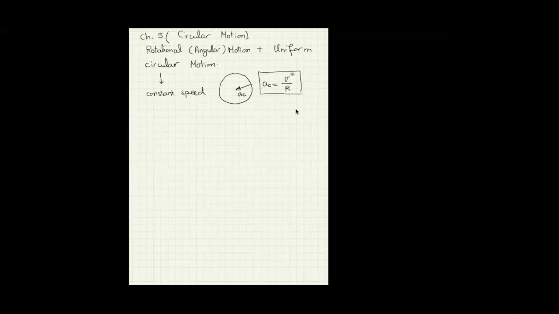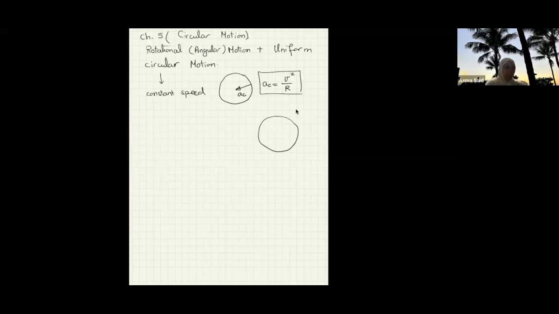But now we will connect this, as I said, with rotational motion. Then I have my object that is gonna be maybe sometime here, and then now is gonna move to here.